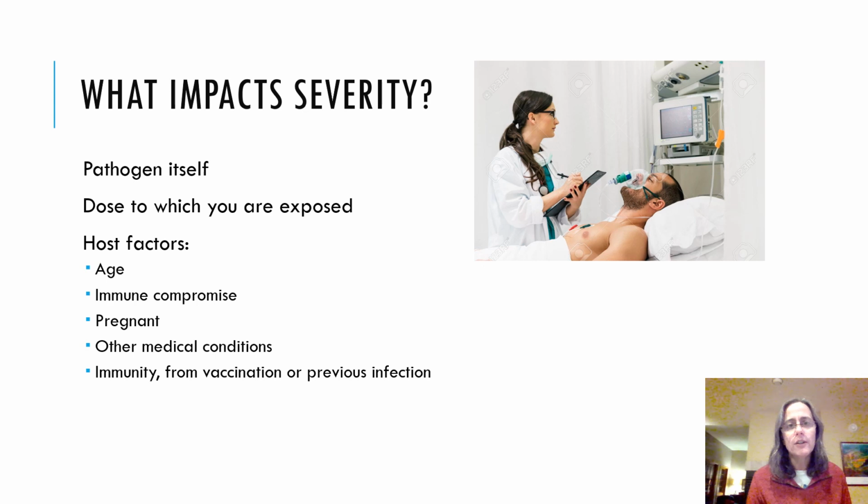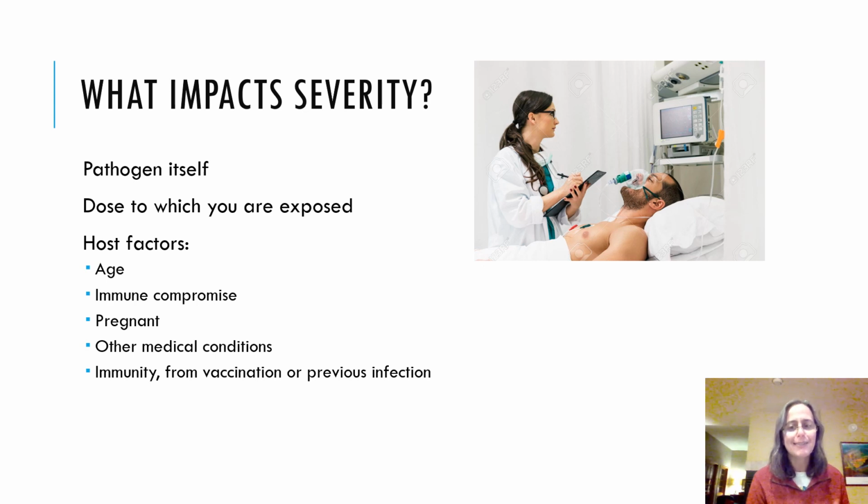And when we talk about host factors, we mean things unique to that particular person. So age: in general, very young and very old, although we've seen with COVID-19 that the very young seem to do okay overall. Not that there aren't severe illnesses, not that there aren't some deaths, but unlike influenza, for example, which can cause a lot of hospitalizations in very young children, we're not seeing that same increased risk in the very young with COVID-19.